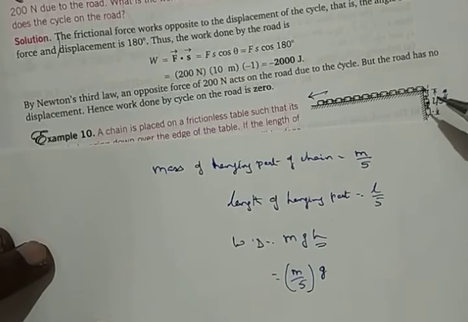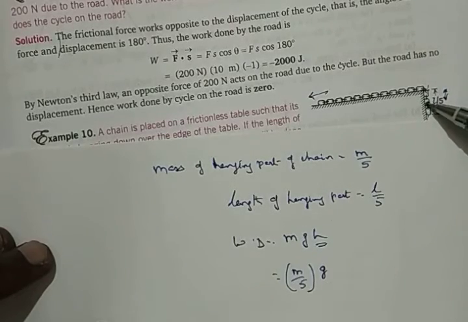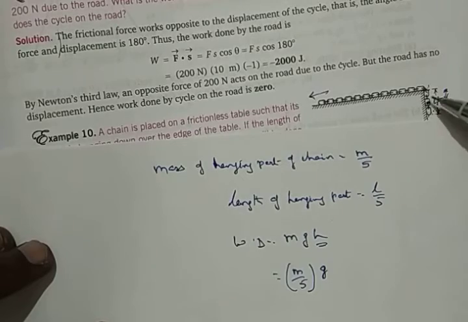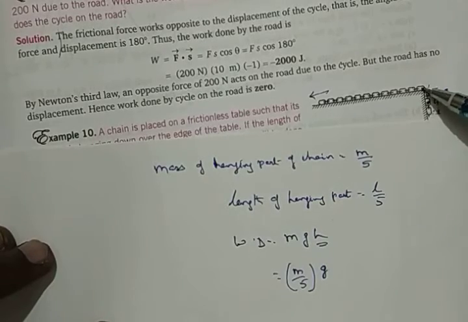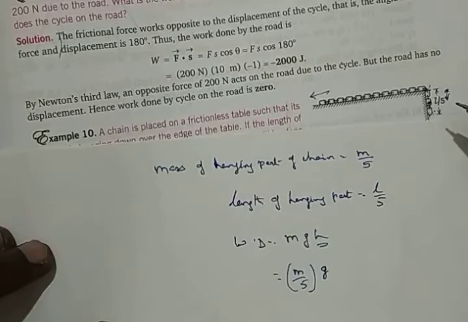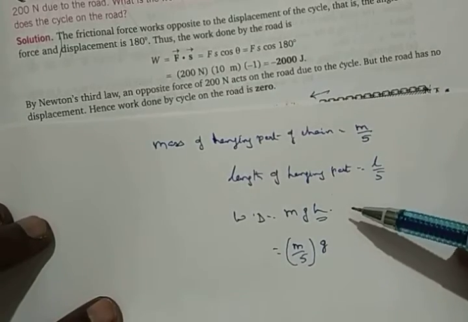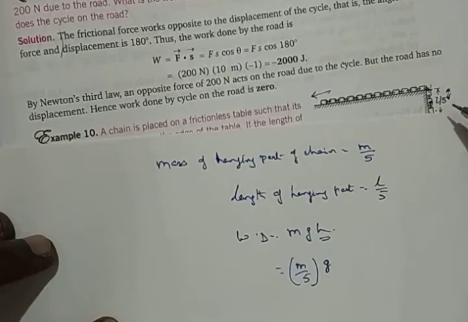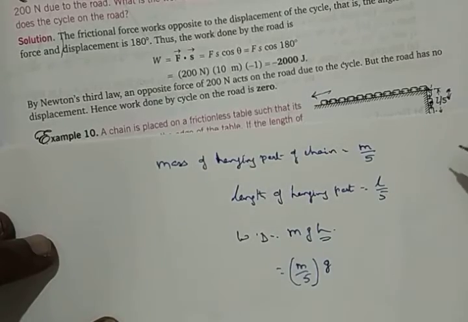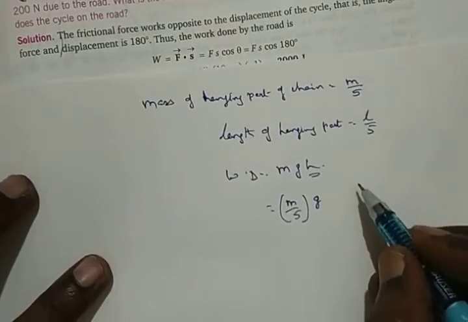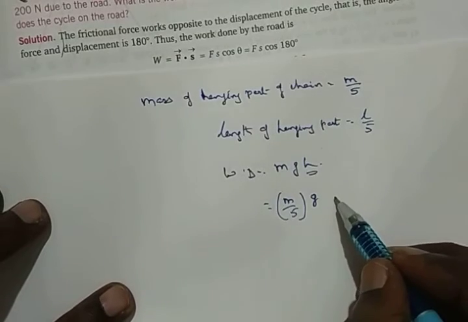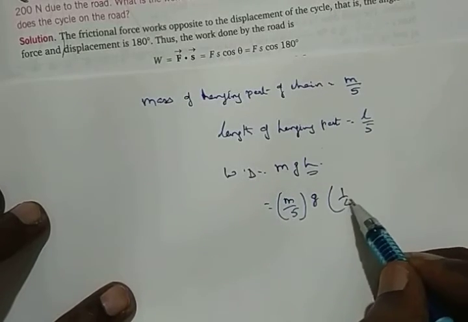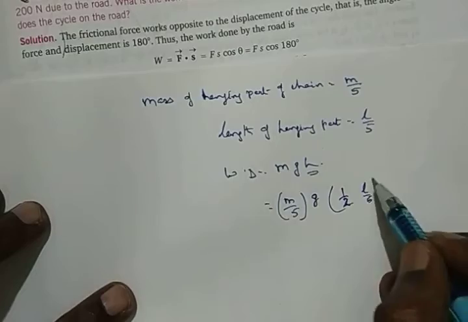Remember that. The center part of this small segment, when it goes up, the work is done. That means the height which it goes up is from here to the center part of it, half of L by 5. So the height is going to be equal to half of L by 5.